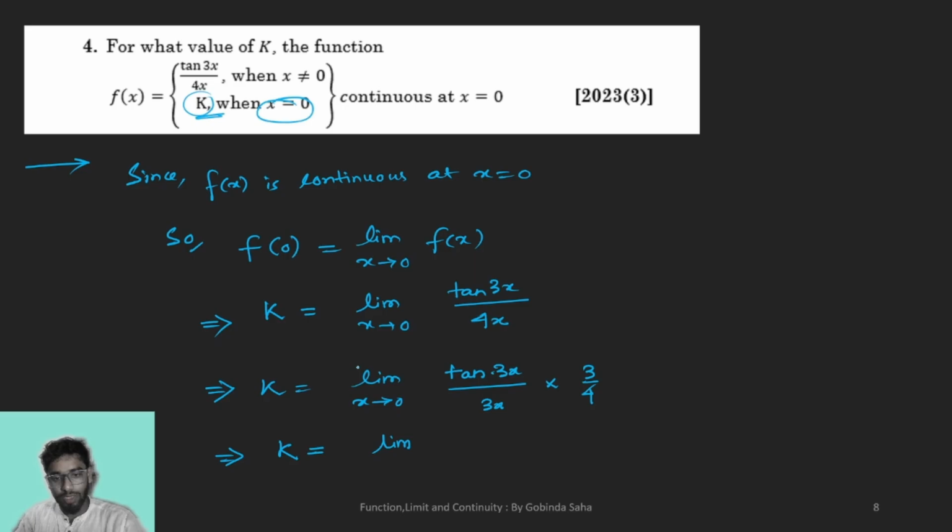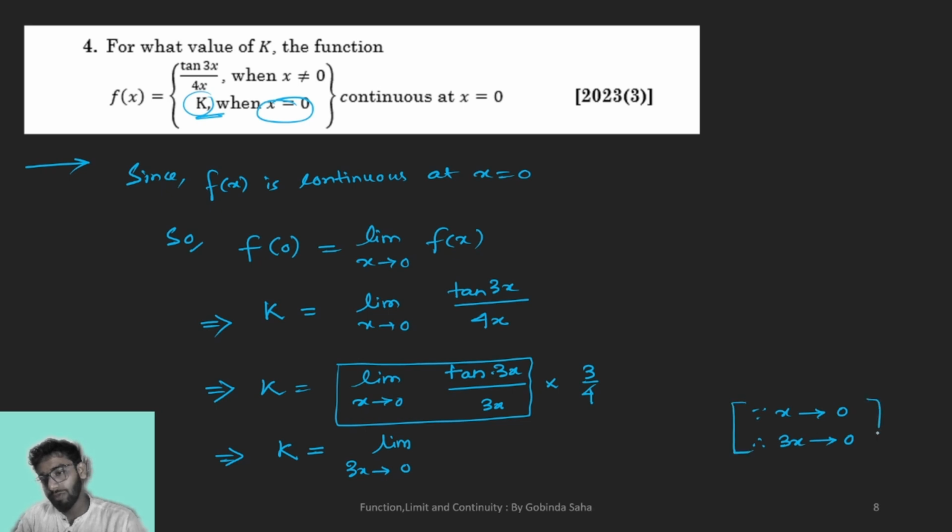But now also you can't put the limiting value. You have to see that the value of this will be 1 if 3x tends to 0. Is it true? Yes, because since x tends to 0, similarly 3x will also tend to 0. So for this reason I have written x tends to 0 can also be written as 3x tends to 0. And this part can be written as tan 3x by 3x into 3 by 4.